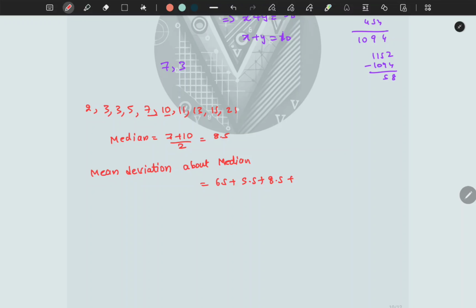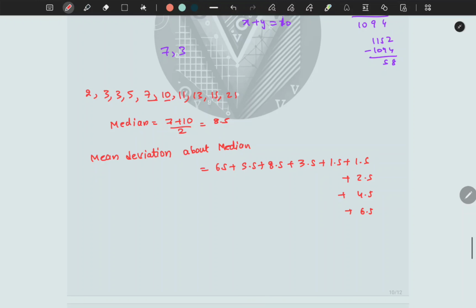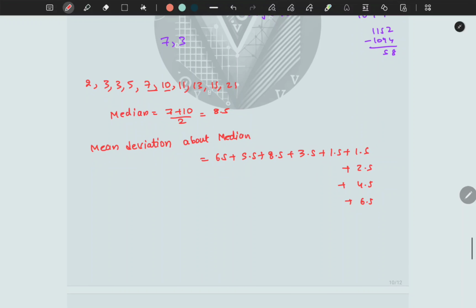Now 8.5 minus 5 will be 3.5, 8.5 minus 7 will be 1.5. Now 10 minus 8.5 will be 1.5, 11 minus 8.5 will be 2.5, right? And 13 minus 8.5 will be 4.5, and 15 minus 8.5 will be 6.5. And 21 minus 8.5 will be 12.5, yes, right? Divided by 10.